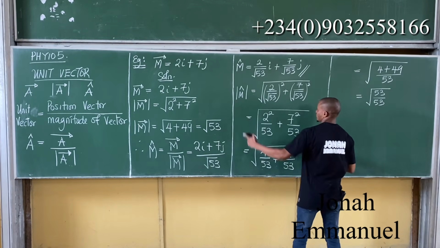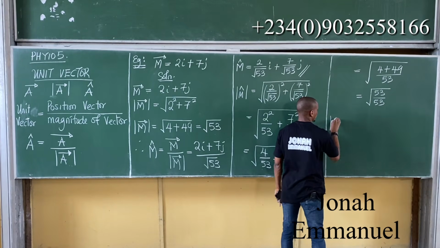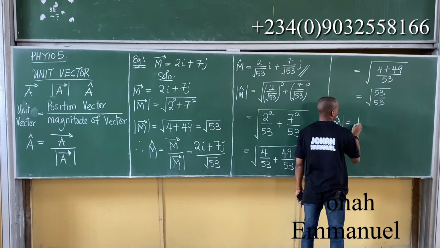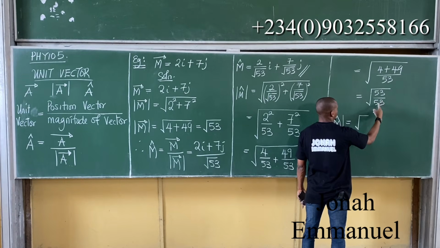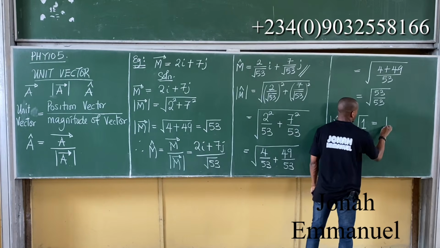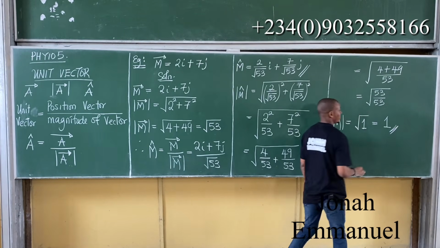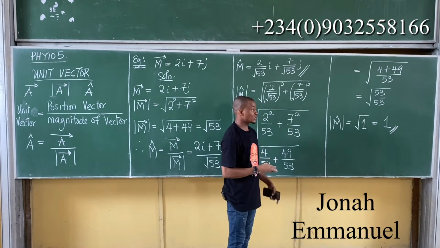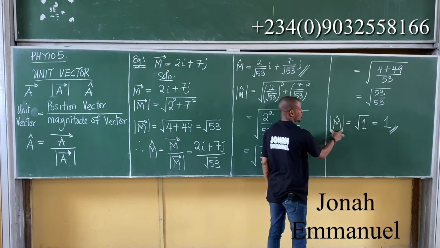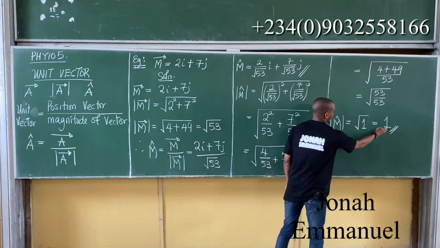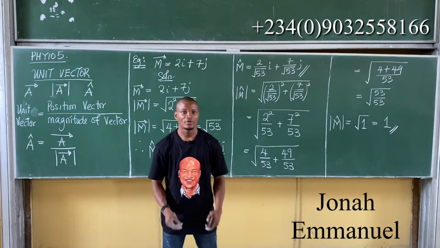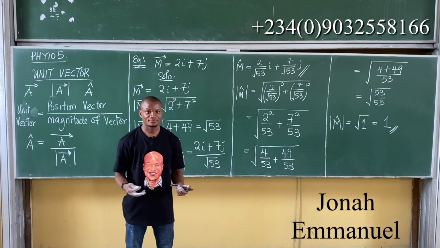So it means that the magnitude of the unit vector is equal to the square root of 53 over 53, which gives you 1. And of course, square root of 1 is equal to 1. That means this is correct. And this is where we get the concept of unit vector. If I take the magnitude of a unit vector, it will give you 1 as your answer. So this is how you solve unit vectors.